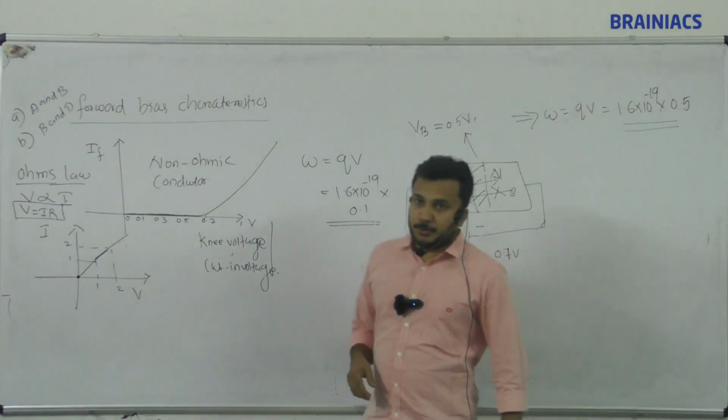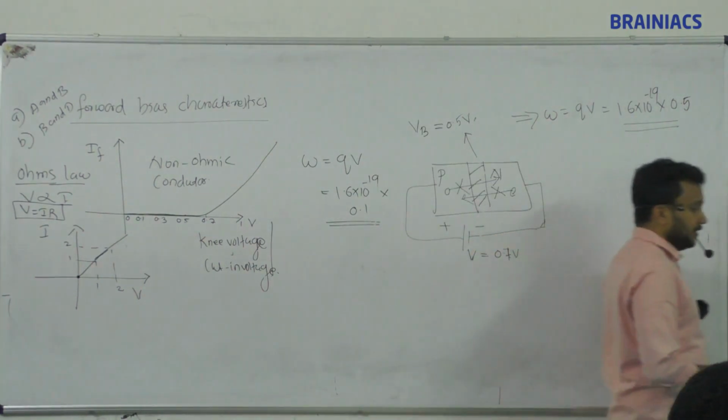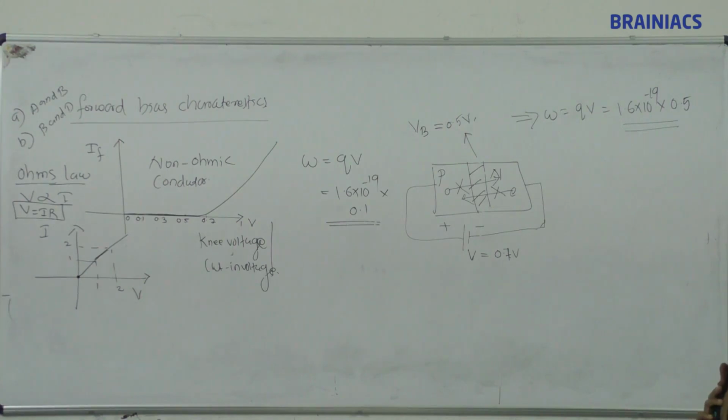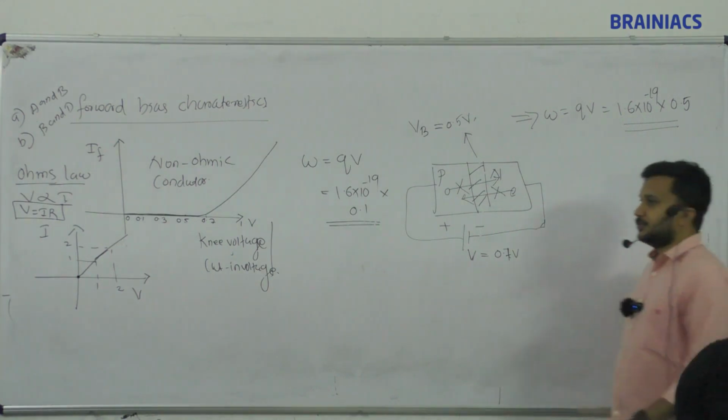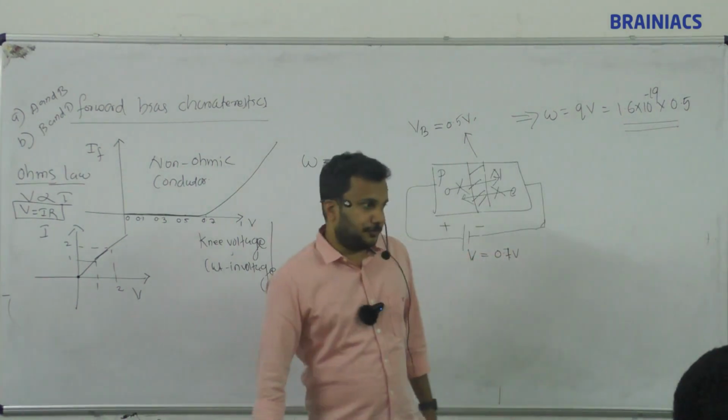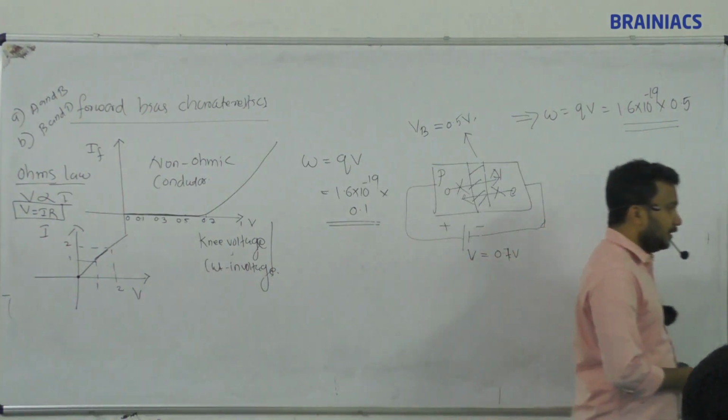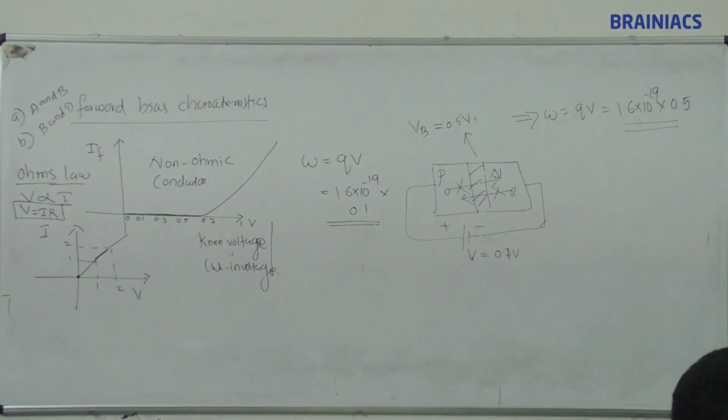The voltage at which current starts to flow is called knee voltage or cut-in voltage. It's not on the board: knee voltage or cut-in voltage.